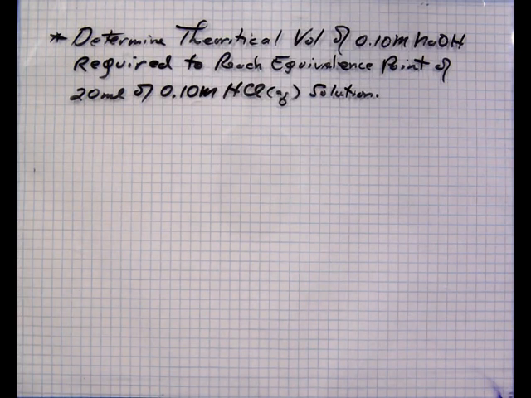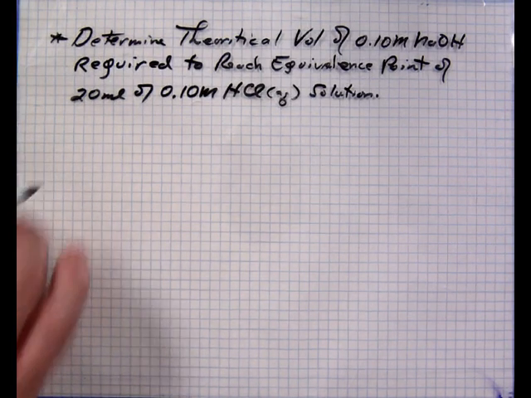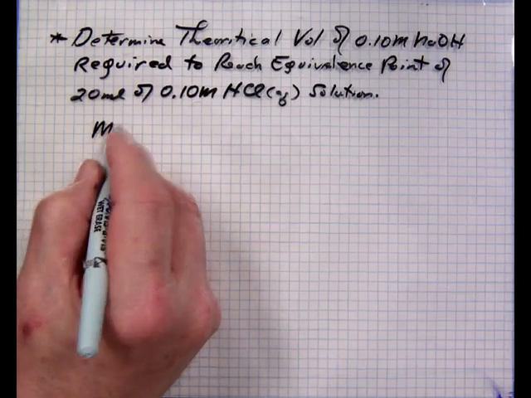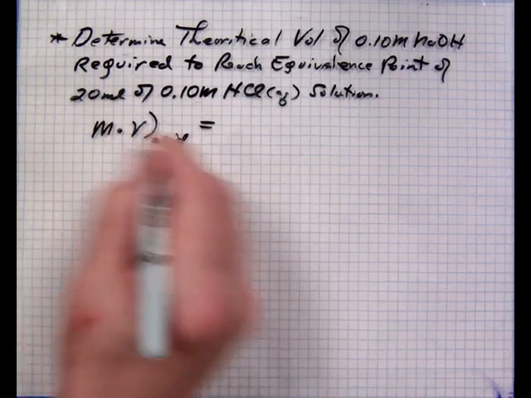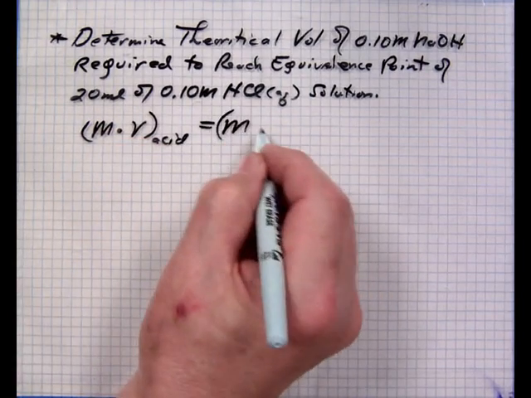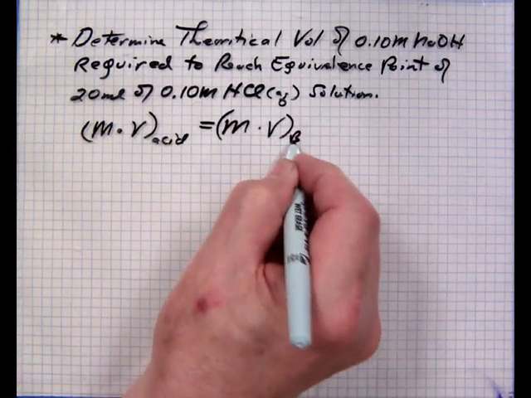Okay, just as we did in the strong titration, we will determine the theoretical volume of base required to reach the equivalence point of 20 milliliters of 0.1 molar acid. This again is just a simple calculation, a neutralization equation. Molarity times volume of the acid is equal to molarity times volume of the base.